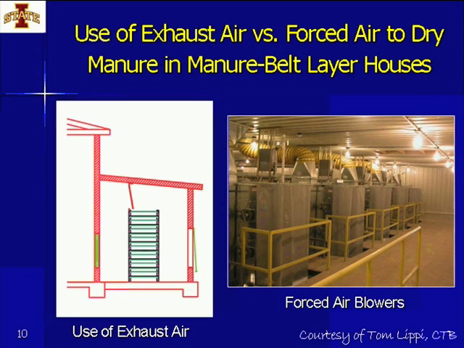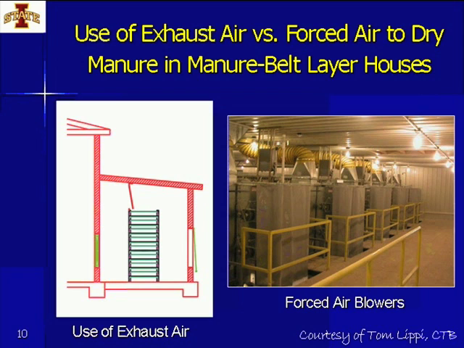Manure belt houses for layers are getting more and more popular. The majority of these houses built today are in the form of manure belt versus high-rise. And these manure belt houses typically use some sort of manure drying mechanism.